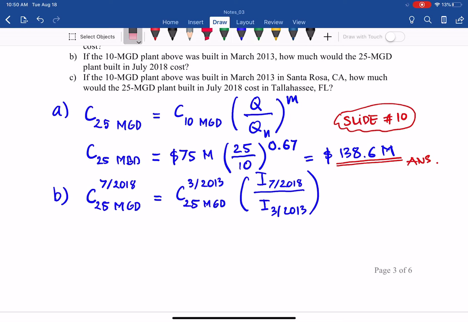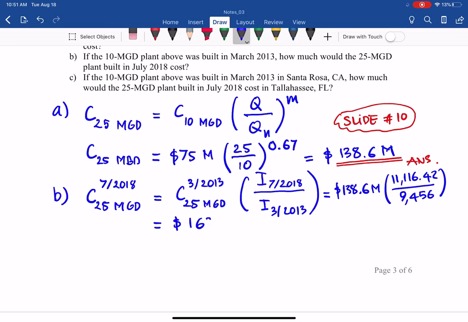We already have those numbers, so we can plug in: 138.6 million times the index 11,116.42 divided by 9,456 for March 2013, and we get 163 million as the answer.